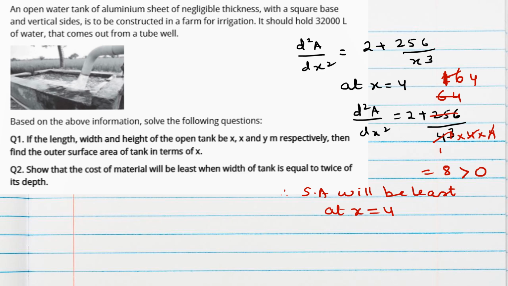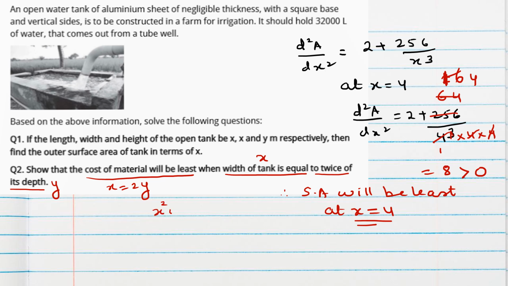But we have to show cost of material will be least when width of the tank is equal to twice of its depth. That means width of the tank means x and depth means height, which will be y in this case. So we have to show x equal to 2y. What we will do, this x value we will substitute. We have our volume relation, right?